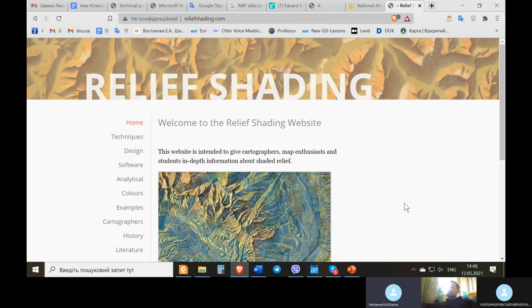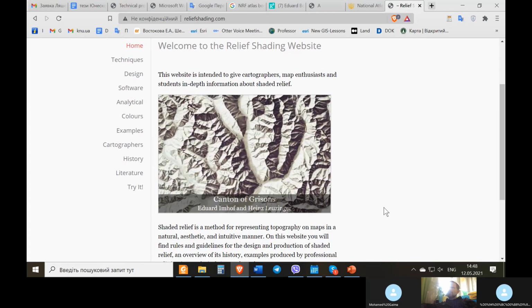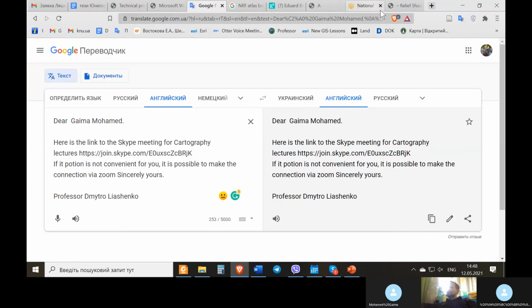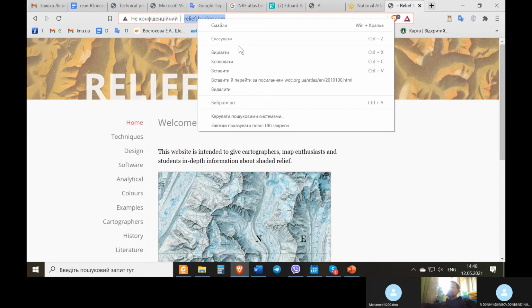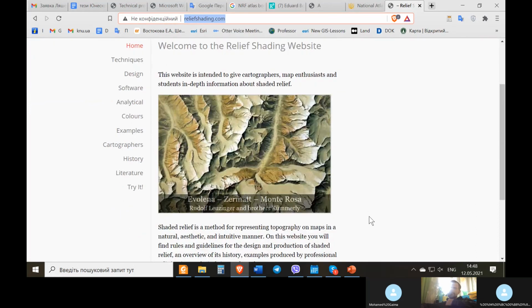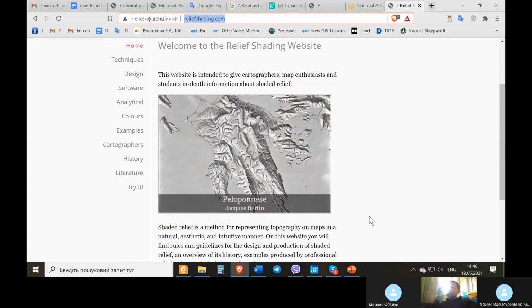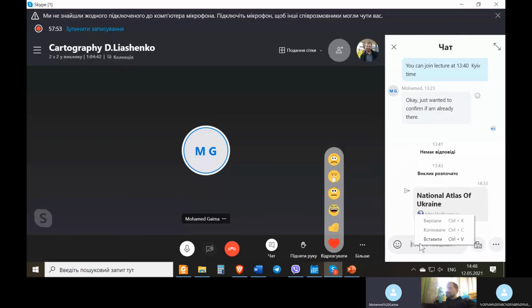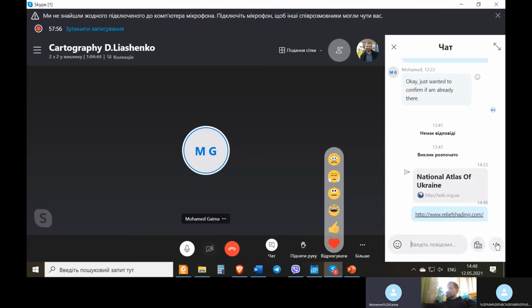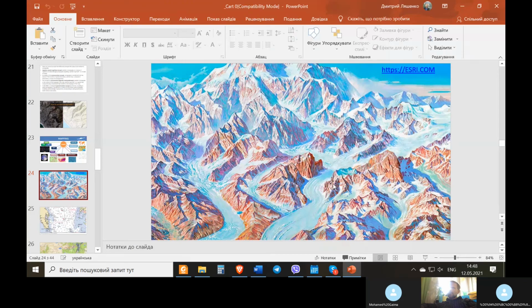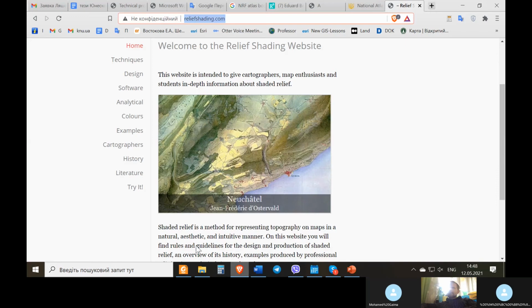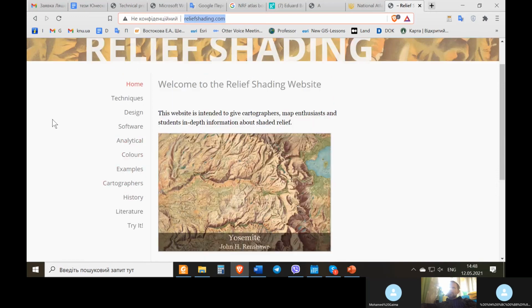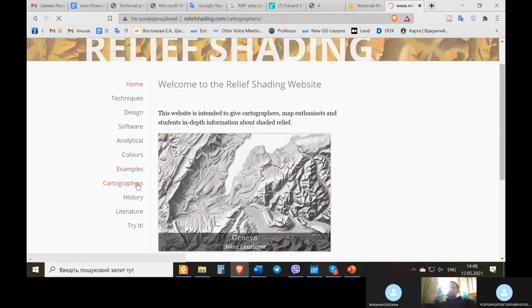This site has relief shading, and you can find very beautiful examples of maps presenting relief, and presentation of relief by different cartographers during the history of cartography. And here on the site you can see famous cartographers.